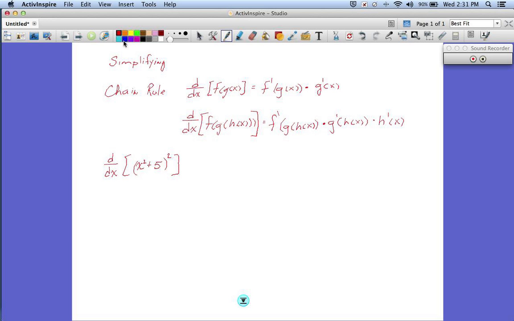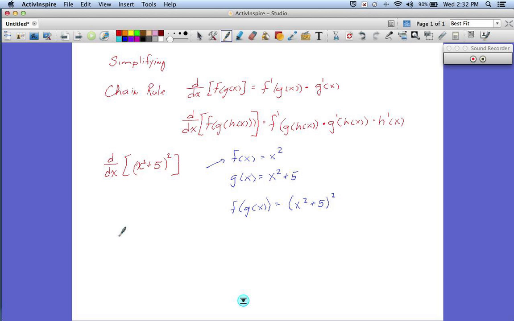We could think of this where f of x would be x squared and g of x would be x squared plus 5. So f of g of x, if I put the g function into the x value of the f function, I would get x squared plus 5 squared.